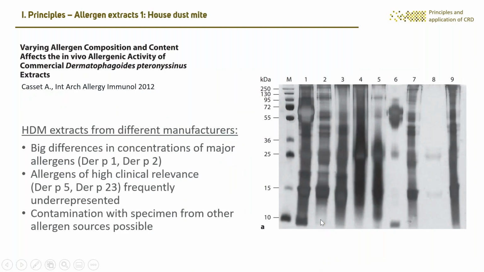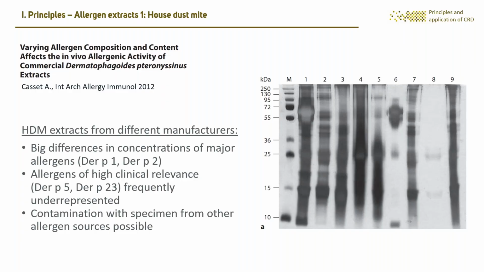So coming back to the question, why do we need these allergen molecules? Why just don't you go on using allergen extracts? The answer is that even though they work to a certain extent, they convey some problems. And in the next few slides, I give you 4 different examples from 4 different allergen sources.